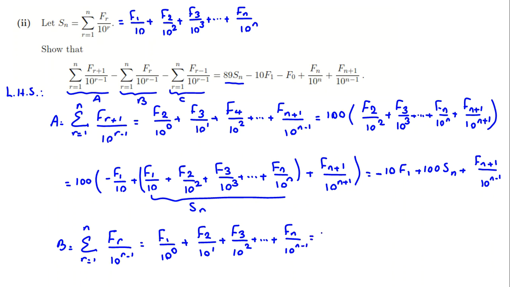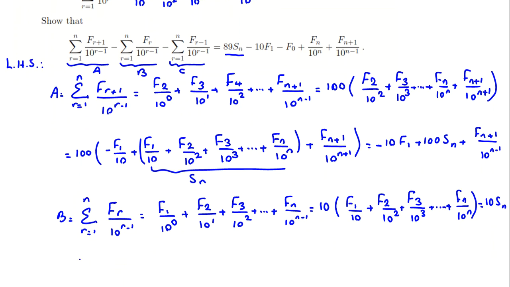The only thing we should do is multiply by 10, then divide by 10 inside the bracket. It will be f2 over 10 squared plus f3 over 10 cubed plus up to fn over 10 to the n. So here it will be Sn, okay? So it will be 10 Sn.